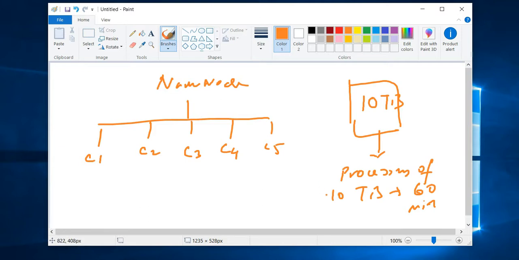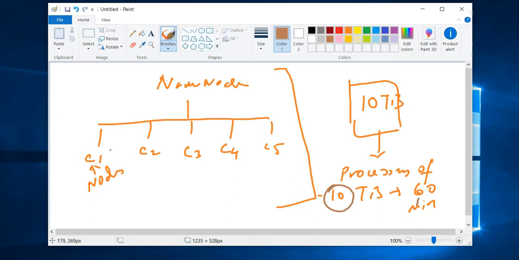Now, in the case of name node and the data nodes, so these are nodes, okay? In the case of Hadoop system, the parallel computation, what we're doing is we are dividing this 10 terabytes of data among these 5 machines. So the processing is done at the same time.